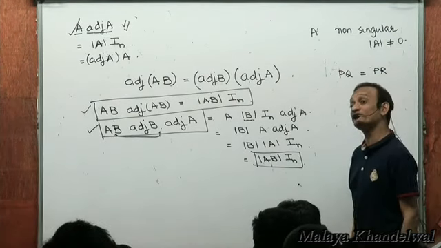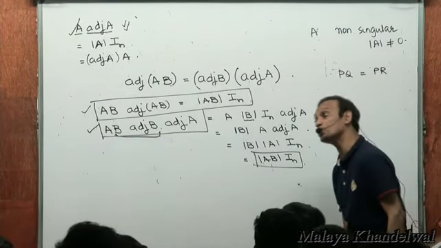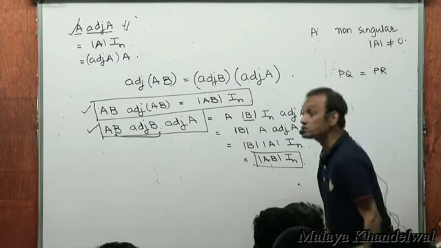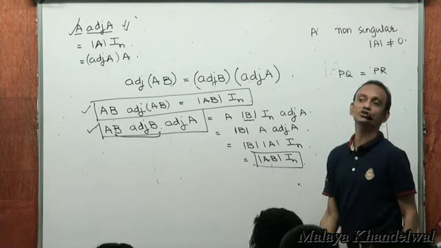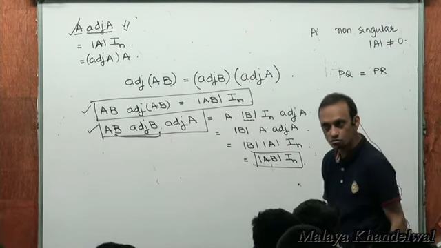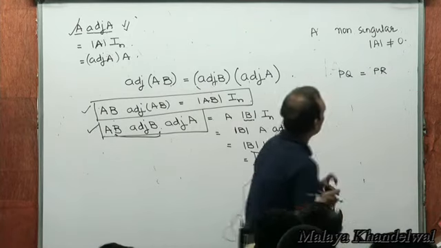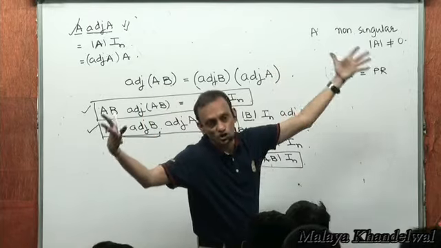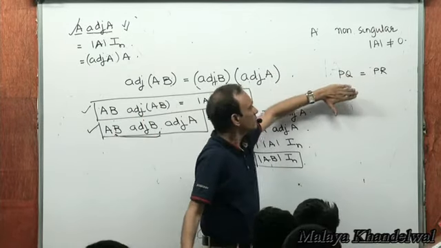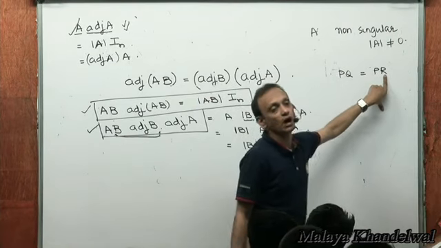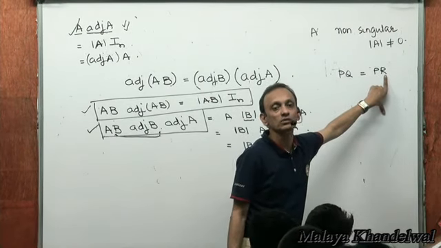It is singular if the determinant of a matrix is 0. But if the determinant of that matrix is non-zero, it's a non-singular matrix. Another terminology, jargon that is commonly used. If P is non-singular, that means if determinant P is not 0, for square matrices, I can say that Q must be equal to R.